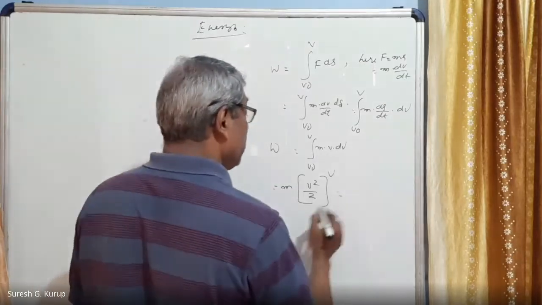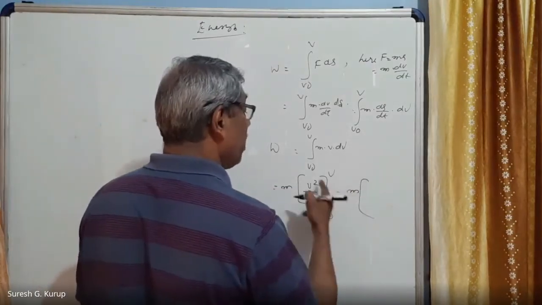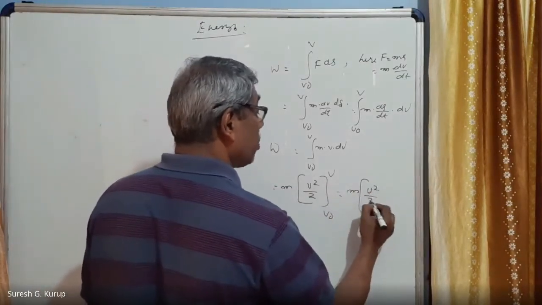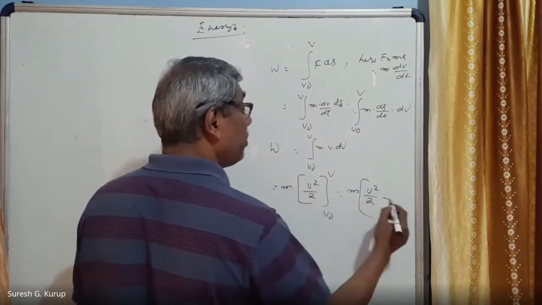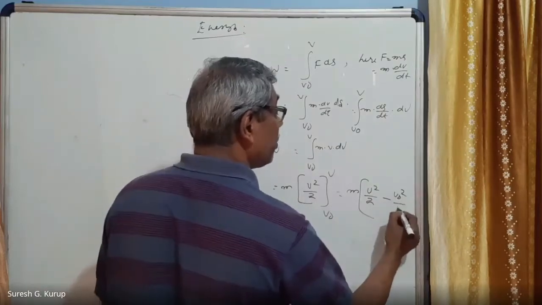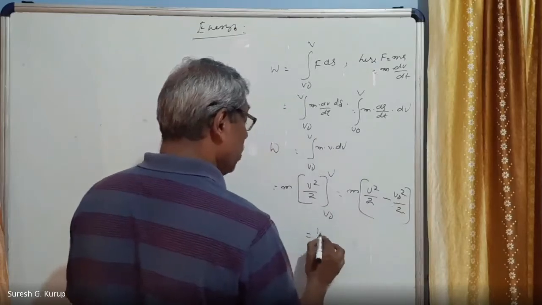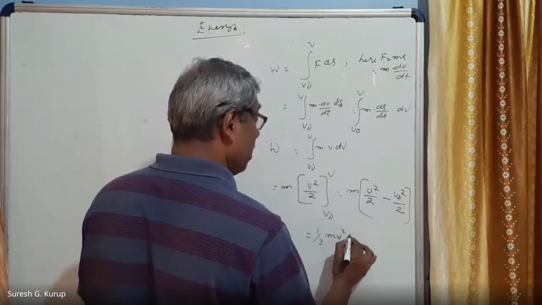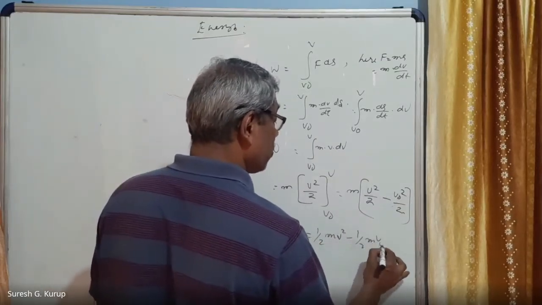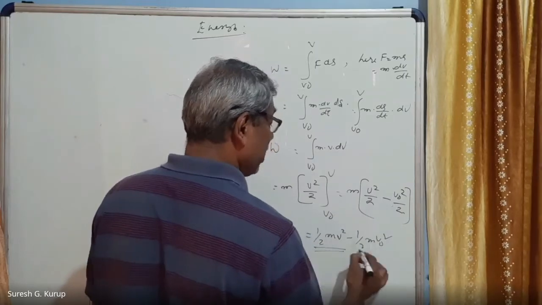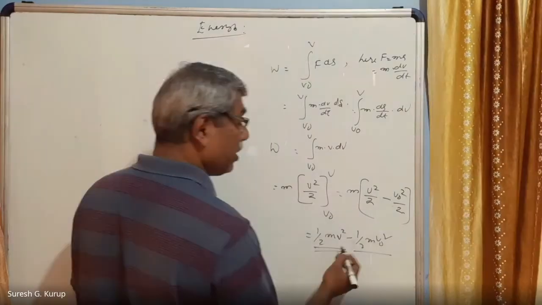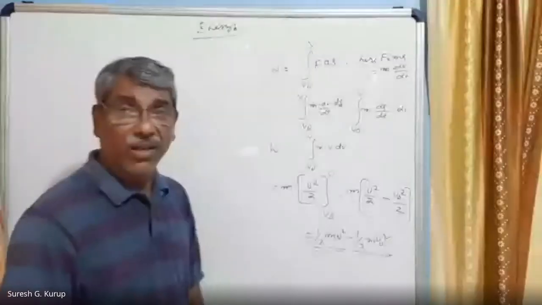Now this is m into upper limit v square by 2 minus lower limit v0 square divided by 2. This is equal to half m v square minus half m v0 square. This is final kinetic energy minus initial kinetic energy.